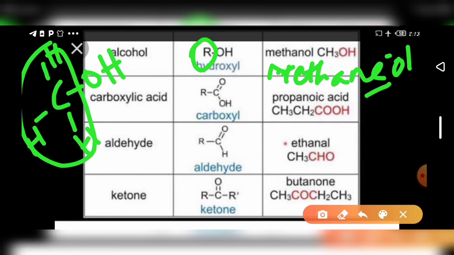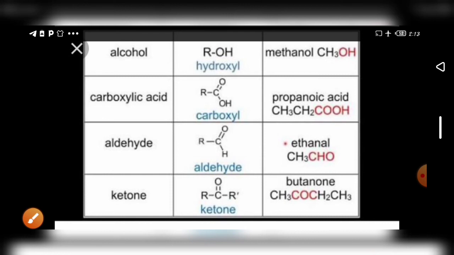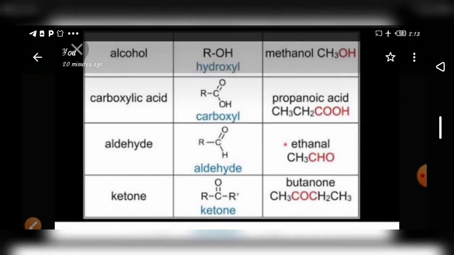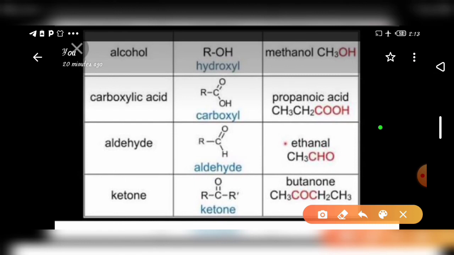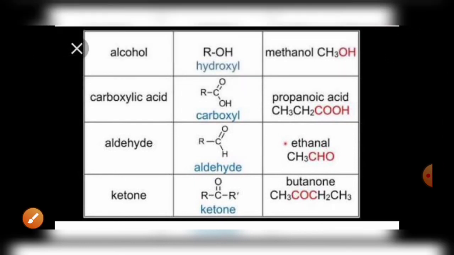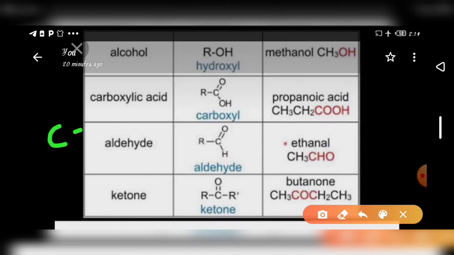In carboxylic acid, see here, one R is here; it may be CH3 or CH3CH2, whatever it may be. It contains three carbons, because I have given propanoic acid here, so it must have three carbons. You write it like this. In carboxylic acid, the carbon contains a double bond O and a single bond OH.